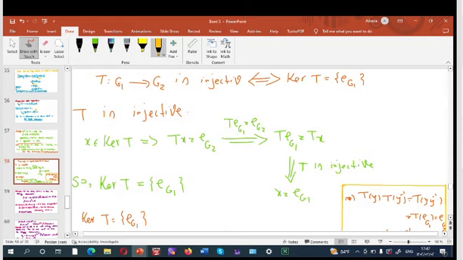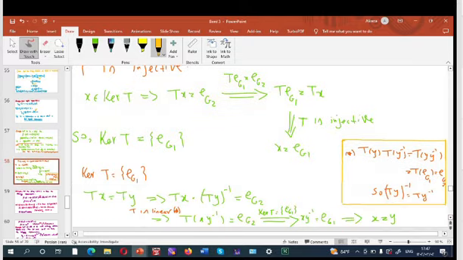For the converse, if the kernel of T is equal to this singleton, and we have T of x equal to T of y, then T of x times the inverse of T of y is equal to E of G2, the inverse of this. But T is a homomorphism, so this is equal to T of x multiplied by the inverse of y.